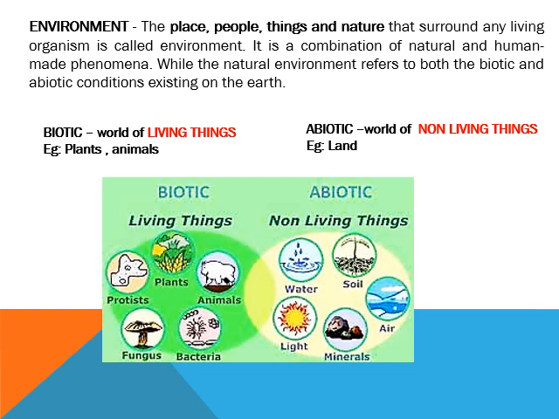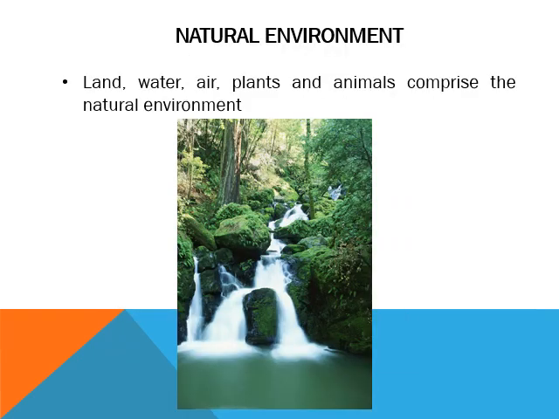Biotic means the world of living organisms, for example, plants and animals. And abiotic means the world of non-living elements, for example, land.